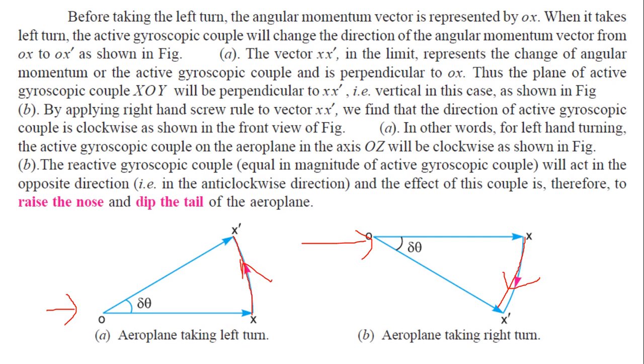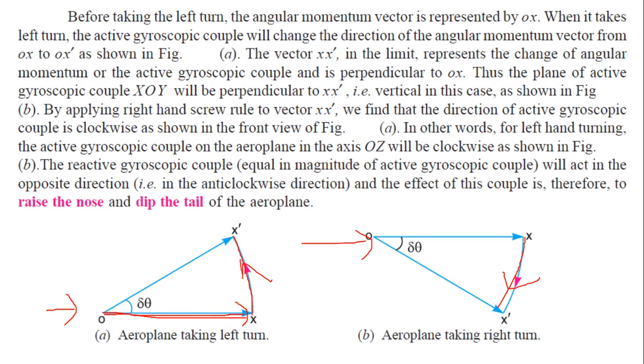Before taking the left turn, the angular momentum vector is represented by OX here, this is the initial one. When it takes the left turn, the active gyroscopic couple will change the direction of the angular momentum from OX to OX dash.